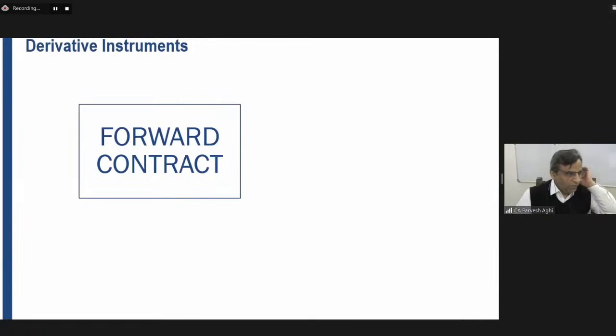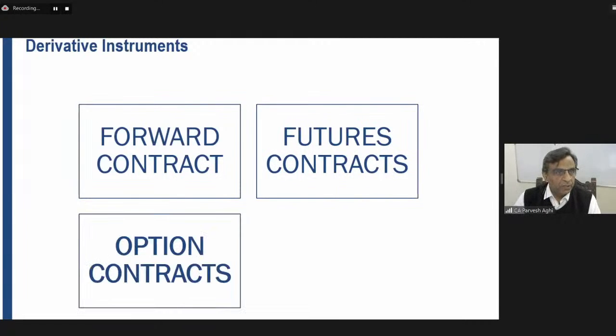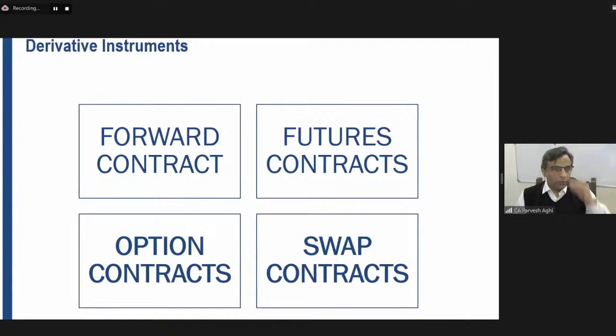So now we are going to do all those derivative instruments, which are very, very important, and the most interesting part is this: forward contracts, futures contracts, options, and swap contracts. These are the four kinds of derivatives used by companies to hedge their foreign currency exposures.